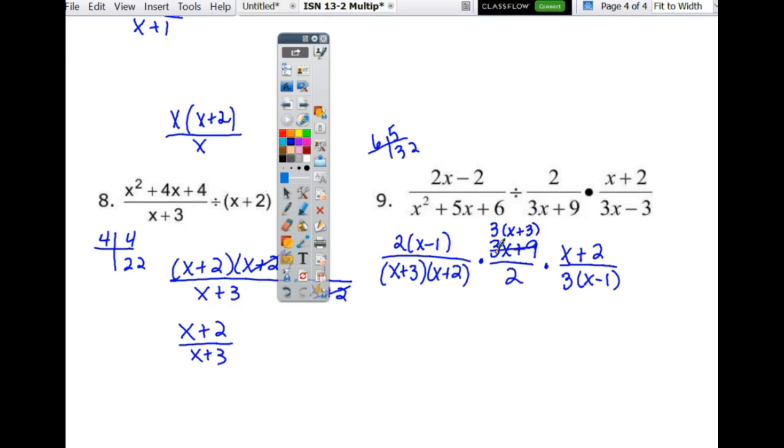So let's see what we can cancel now. The 3's cancel. The 2's cancel. X plus 3. So what's left? It's not 0. What is it? Because what's 2 divided by 2? 1. So all of that and it all cancels.